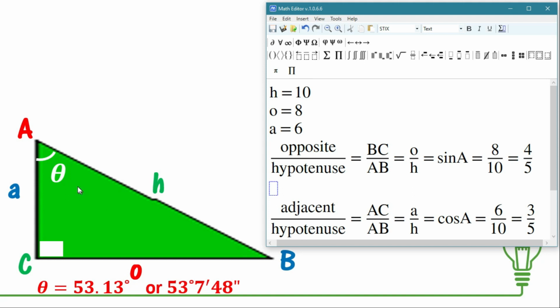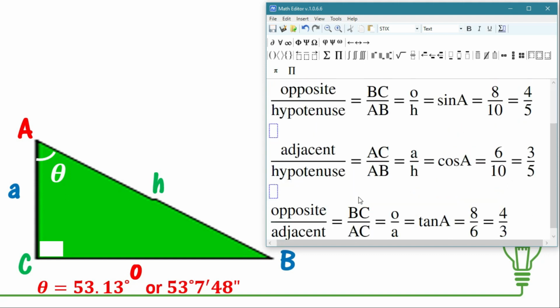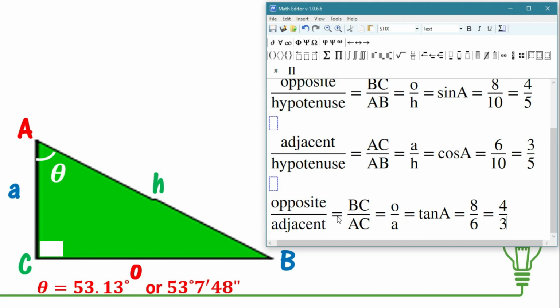Meaning to say, whatever the measure of this and whatever the measure of this, their sum would be 90 degrees. So, in that case, like I said earlier, if this is our given angle, the adjacent side would be this one. Okay? And the opposite side would be AC.